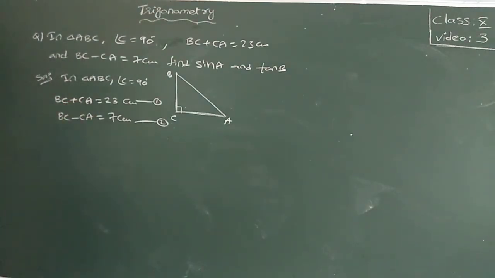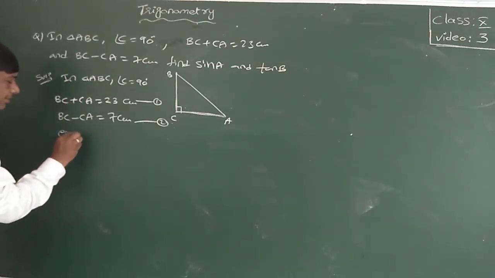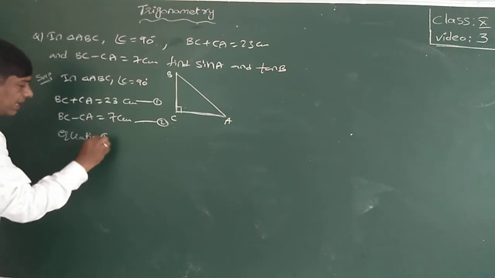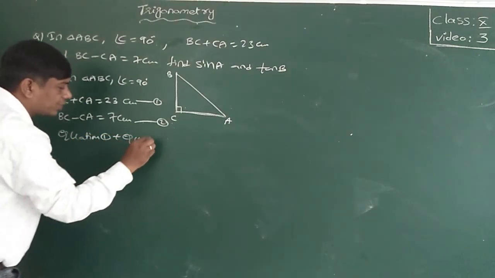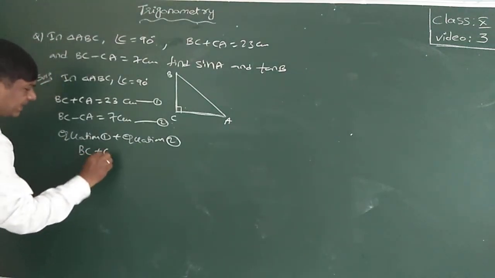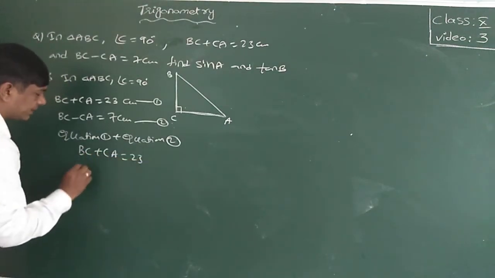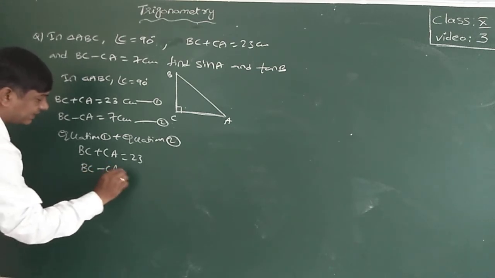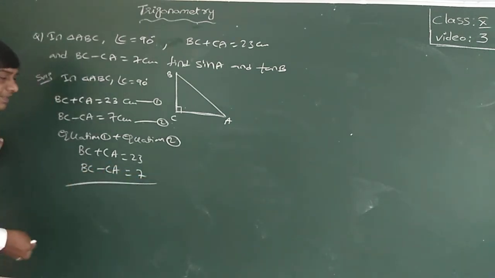Now add these two equations. BC plus CA is equal to 23, BC minus CA is equal to 7.